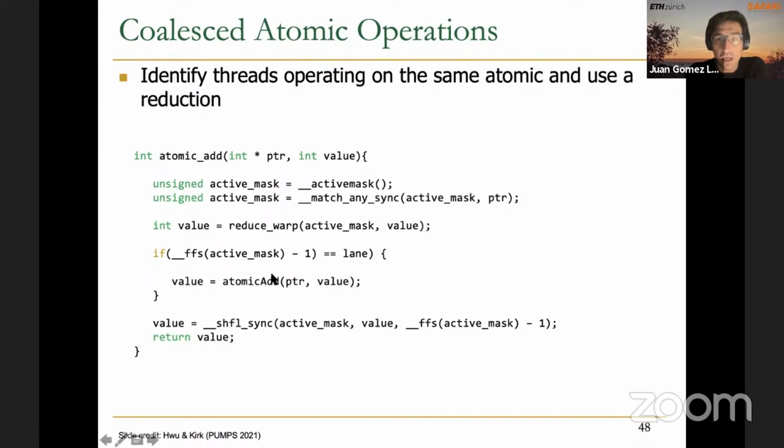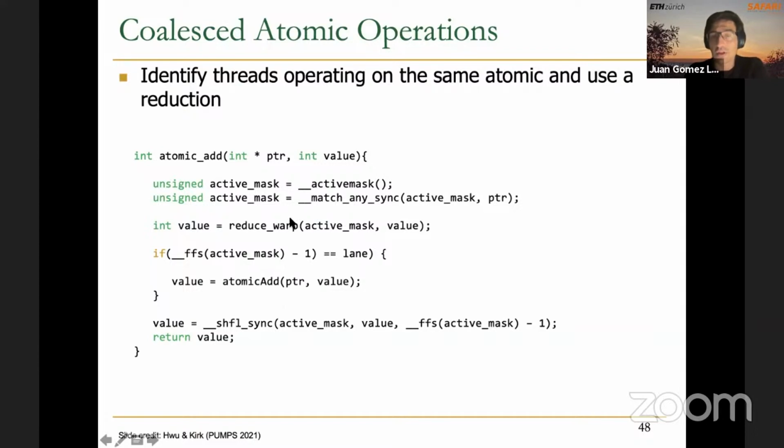As you can see, it uses an atomic operation, of course, but before executing the atomic operation itself, we check what values each of the threads needs to add, and where they have to add them, what pointer is going to be used by the atomic operation.